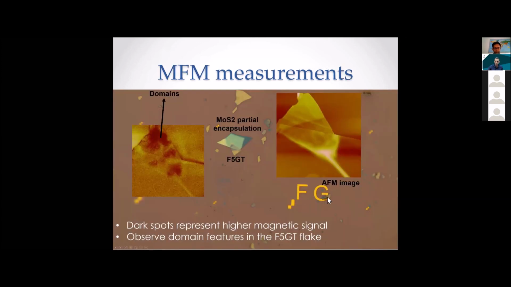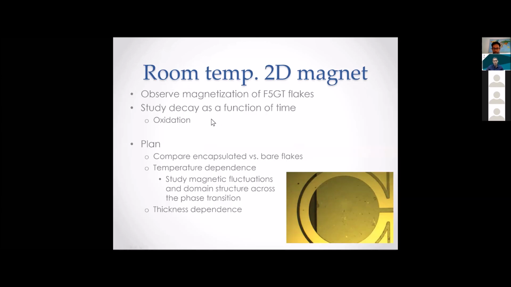We want to continue on by performing high-resolution magnetic measurements. These are MFM measurements along with AFM measurements of these flakes depicting magnetic domains. So what we want to do now is extend our measurements to observe the magnetization as a function of temperature across the phase transition, which for bulk occurs at 310 Kelvin.